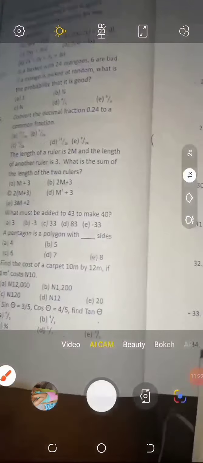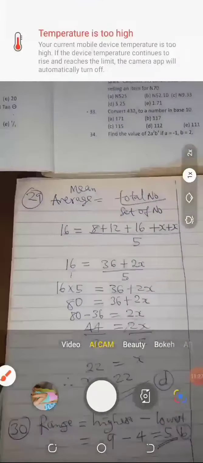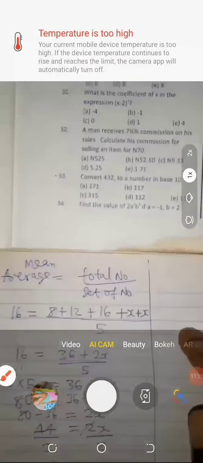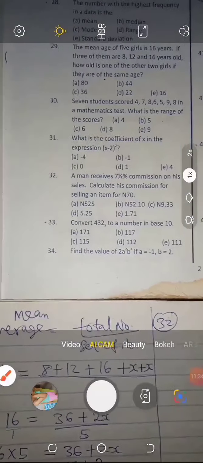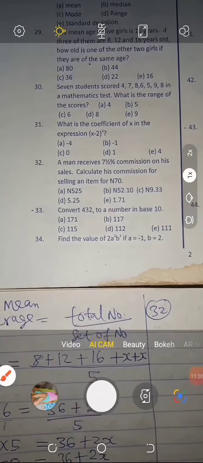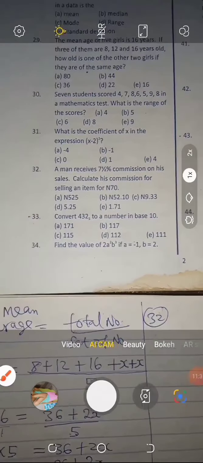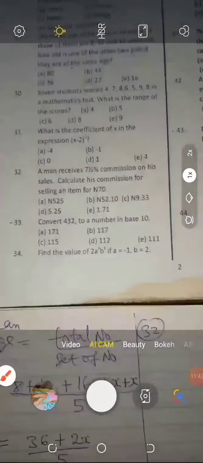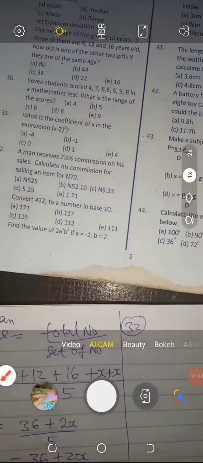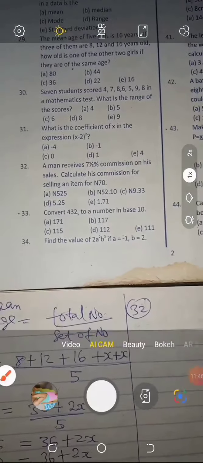Now, question number 32. Question number 32 says a man receives 7.5% commission on his sales. Calculate his commission for selling an item for 70 naira.